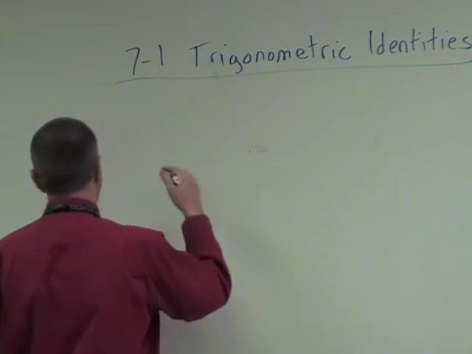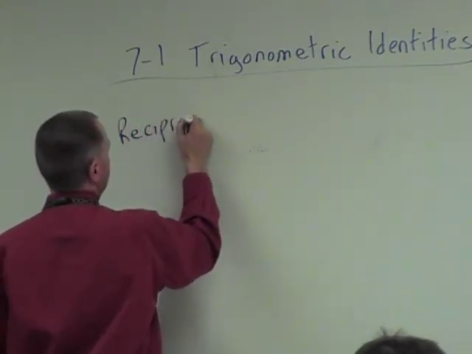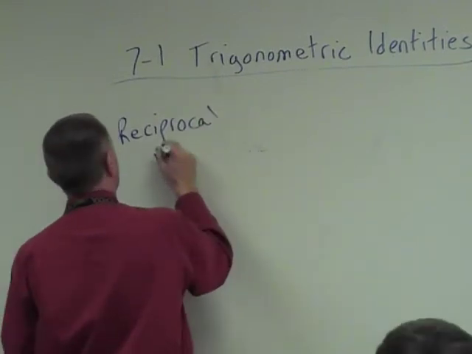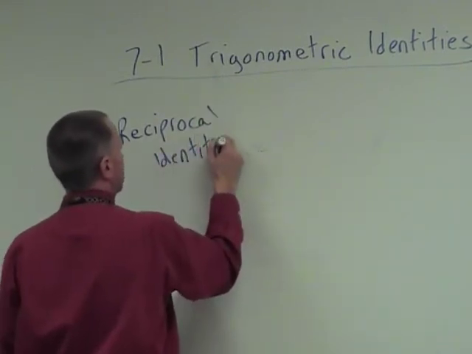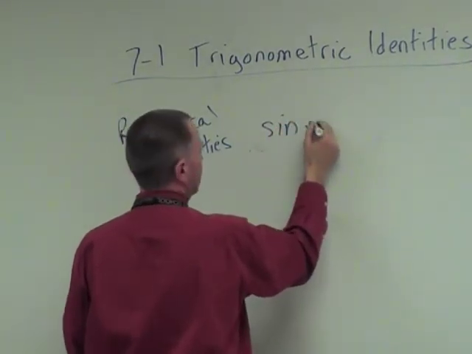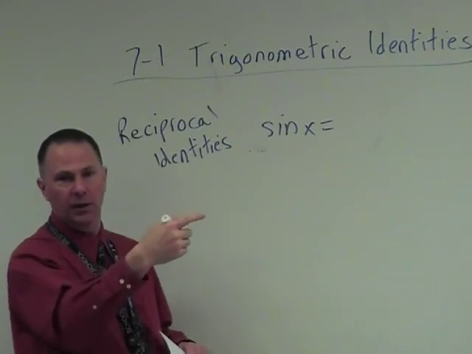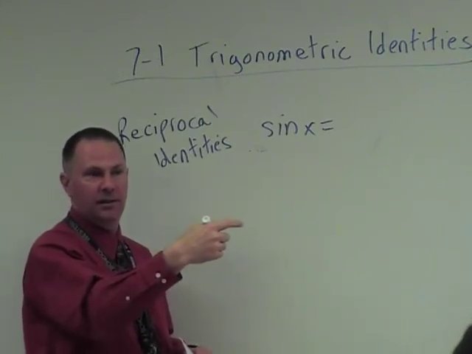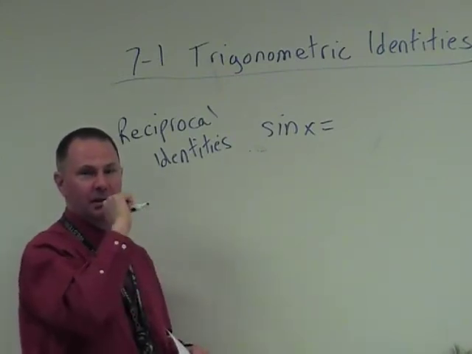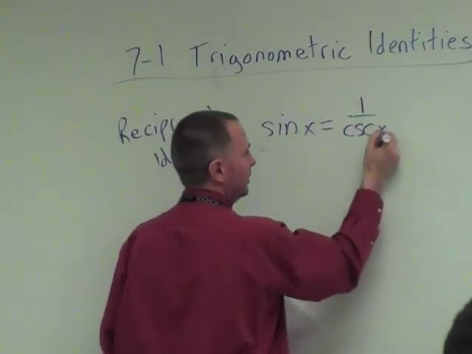All right, so let's just talk about the first set that you know, reciprocal identities. These are the ones that are very simple. So sine of x is the same as what? That's a fraction, 1 over the... Let me help you out, the first one.